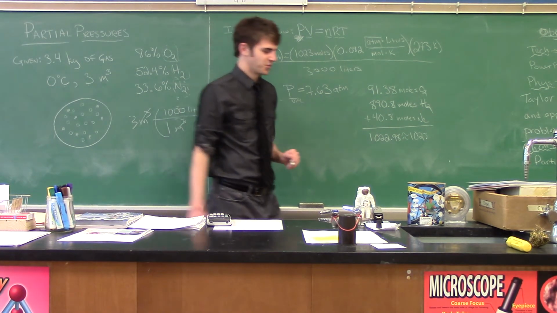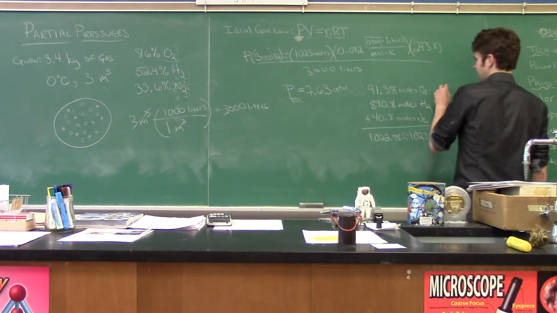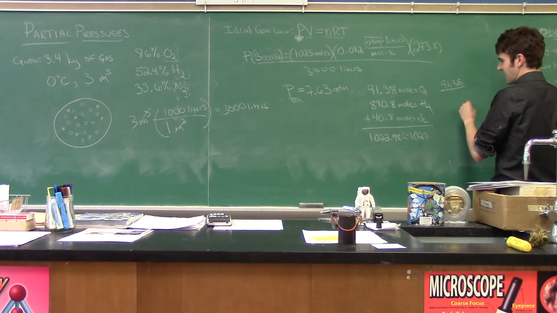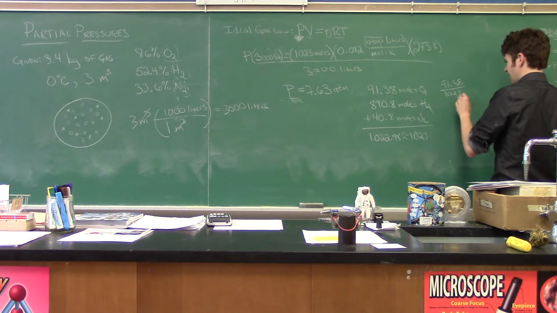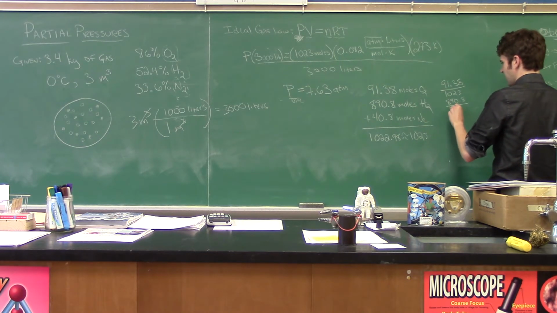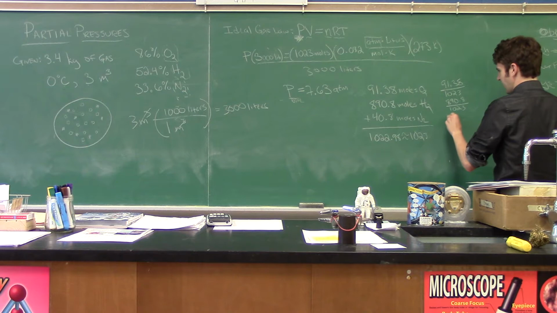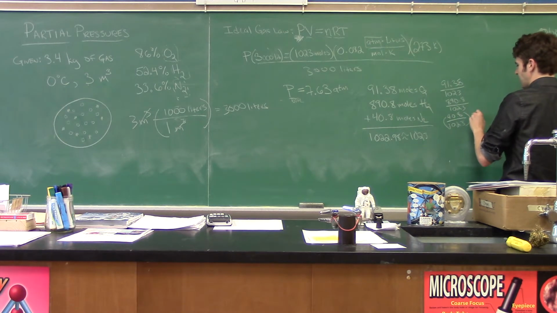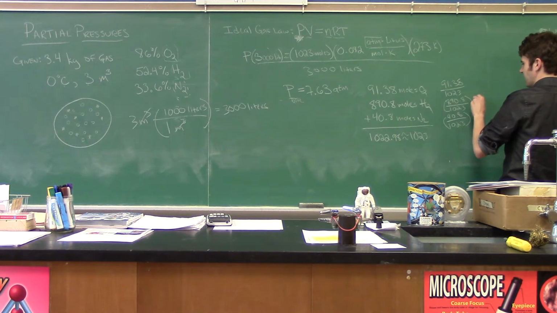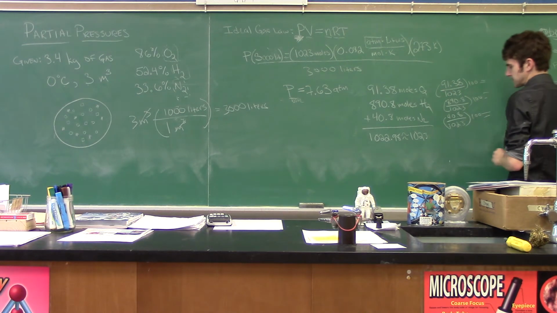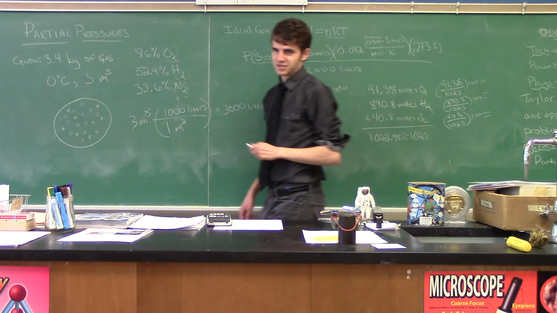I think I should do this for each one: 91.38 out of our total, 90.8 out of our total, and 40.8 out of our total. Yep, divide. And then multiply each one by 100 to get our percents.